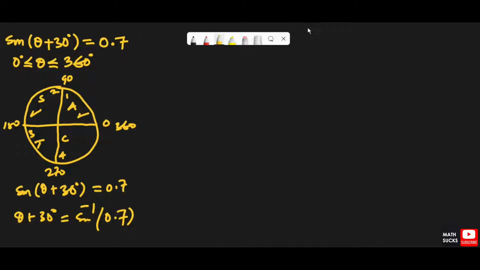So we have theta plus 30 degrees is equal to the sine inverse of 0.7, which gives us 44.4 degrees. We'll keep it to one decimal place.